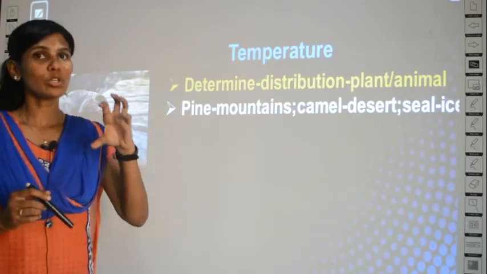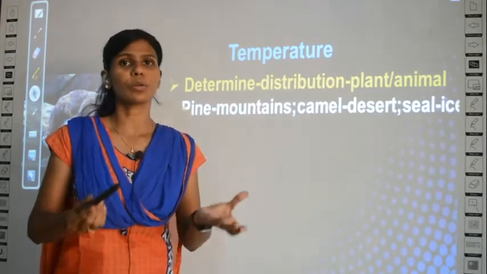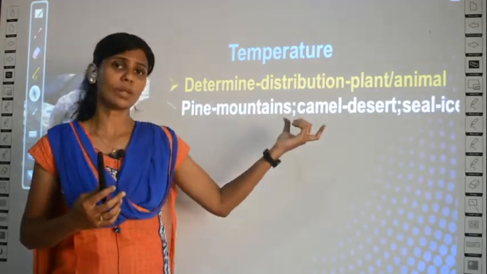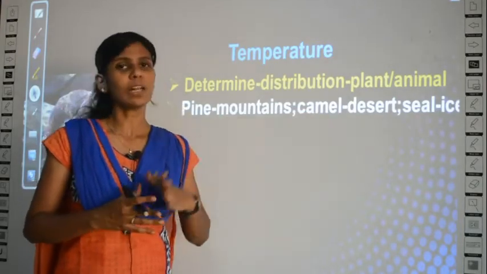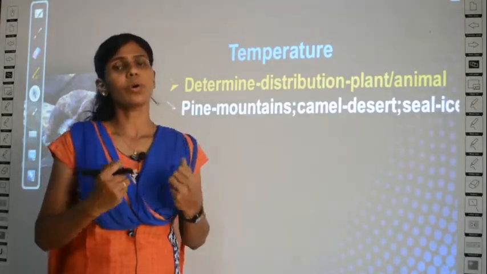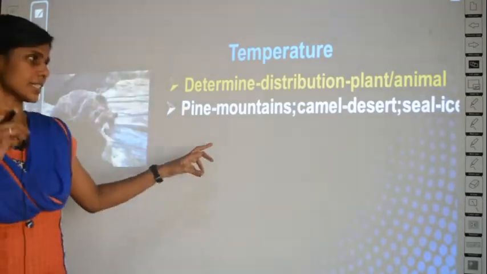So the temperature of a place will determine which plant grows in a place, and it applies even to animals. See, camels will grow in a hot place, that is in the desert, and seals will survive in a cold place, that is in frozen conditions or ice.